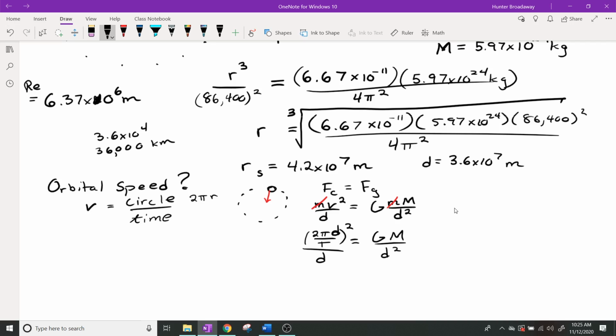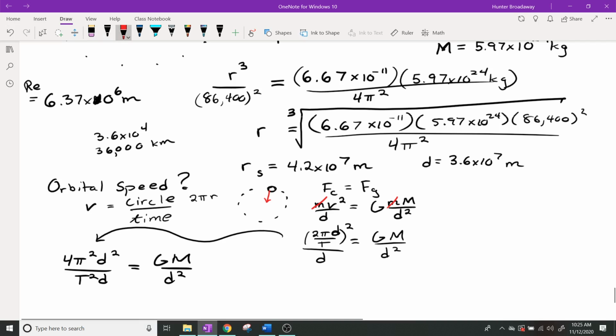Okay, so that becomes, I'm going to start over here, 4 pi squared d squared over t squared d equals GM over d squared. Okay, one of those cancels.